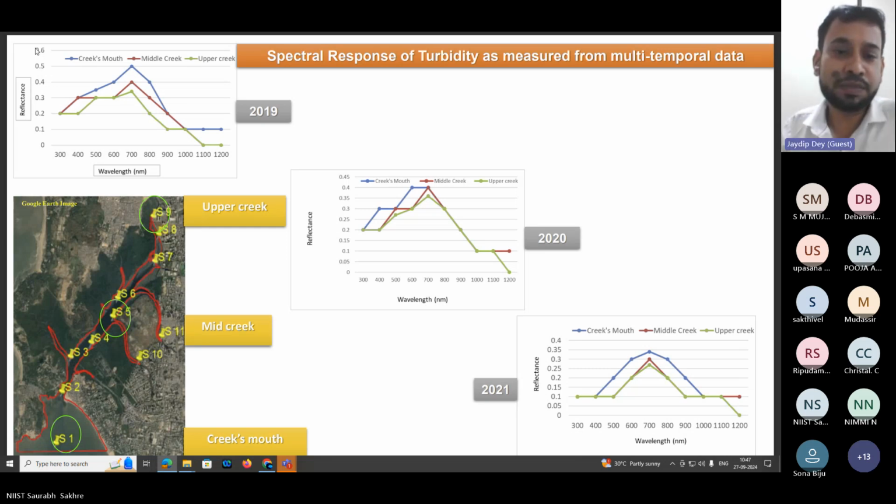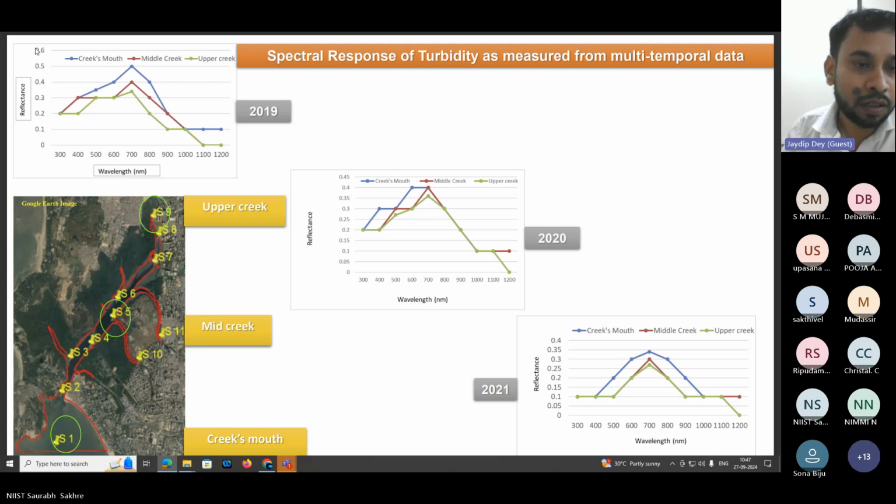So here is the spectral response for turbidity for three different seasons. I have selected three different locations to assess this spectral signature. You can see the spectral reflectance for turbidity.